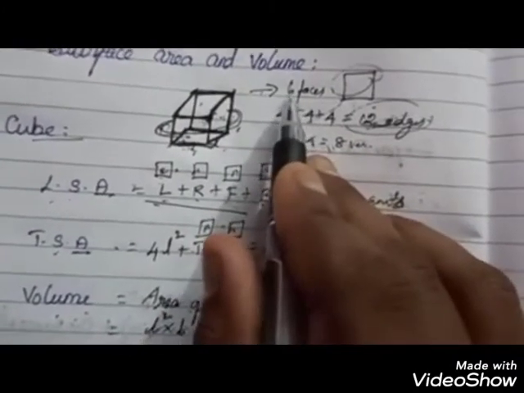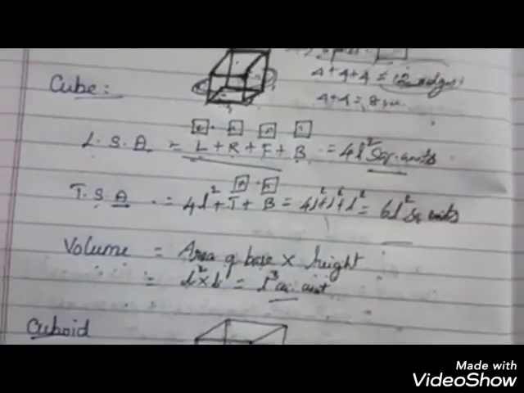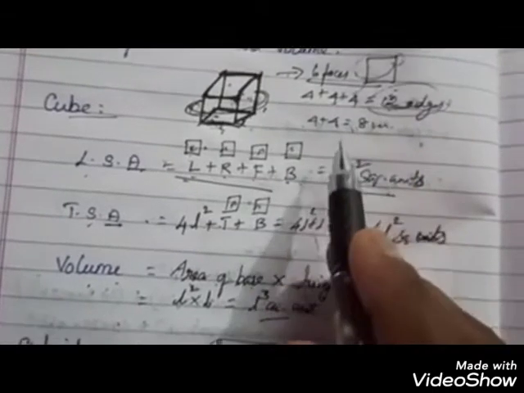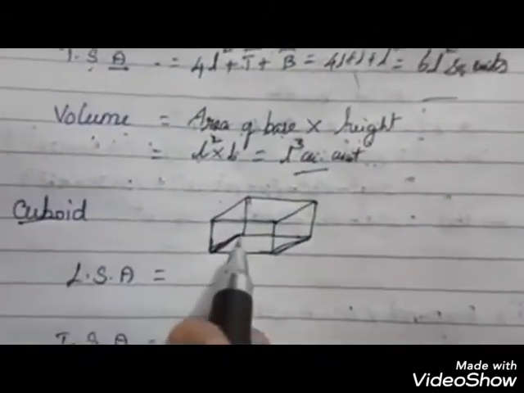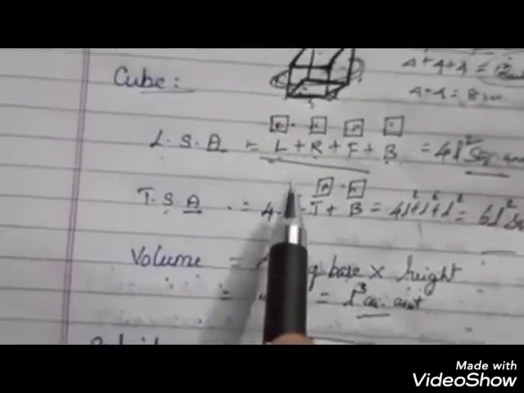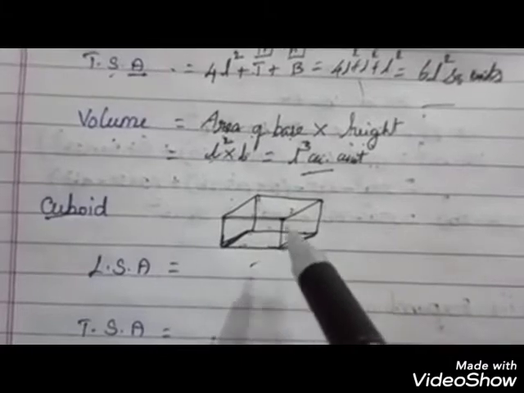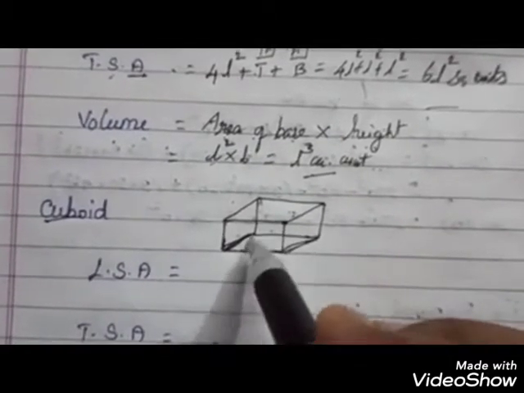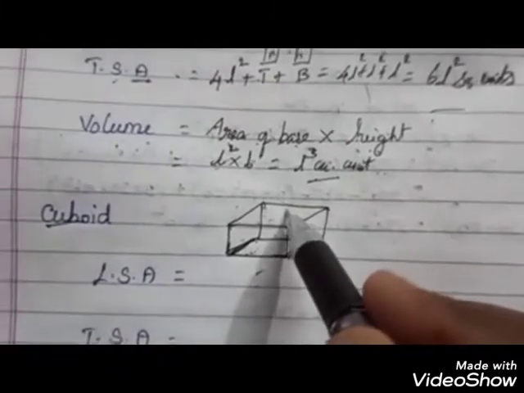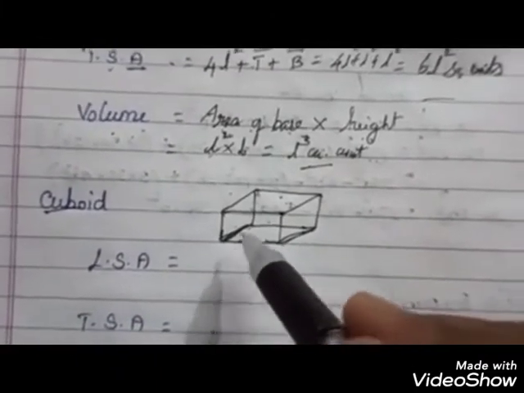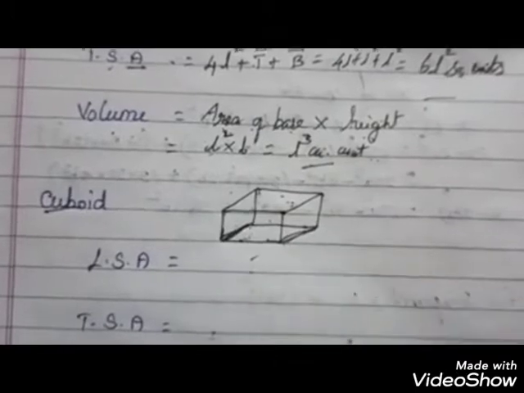Cuboid also has 6 faces, 12 edges and 8 vertices. The only thing here is that the faces are not all squares. Here the opposite sides are equal. All the faces seem to be rectangles, but only opposite sides are equal. So top is equal to bottom, front is equal to back, and left is equal to right.